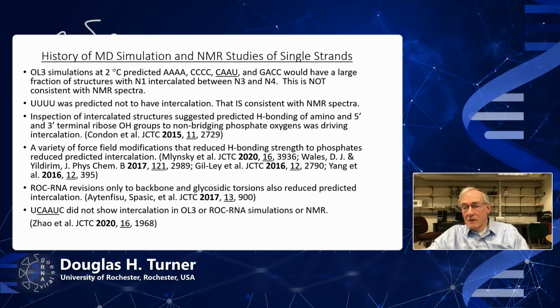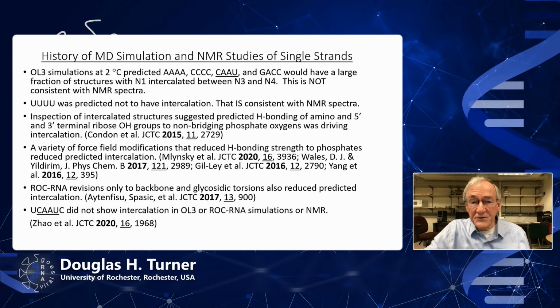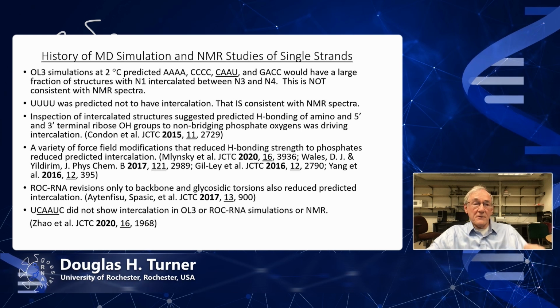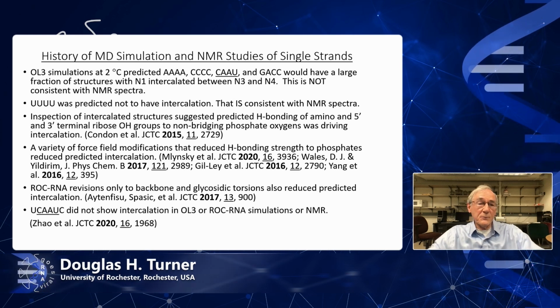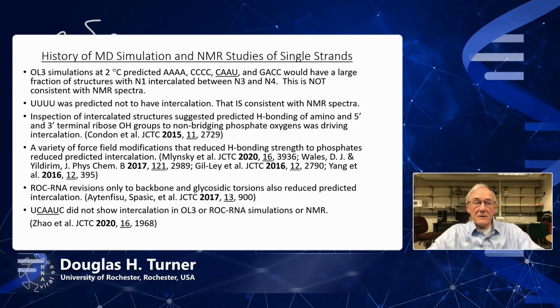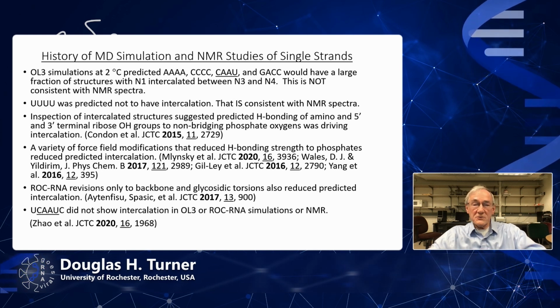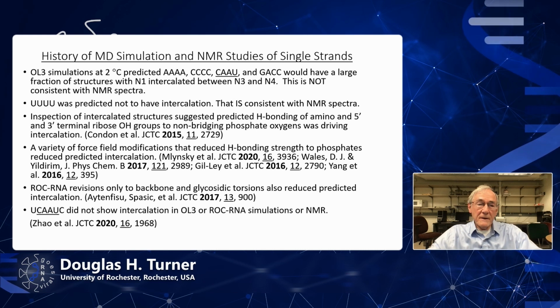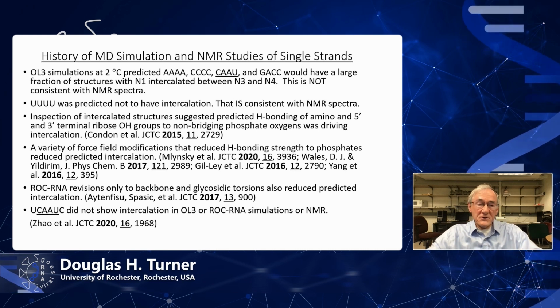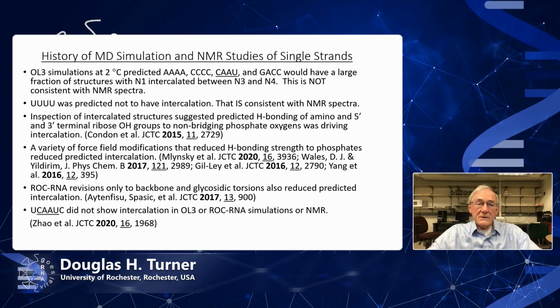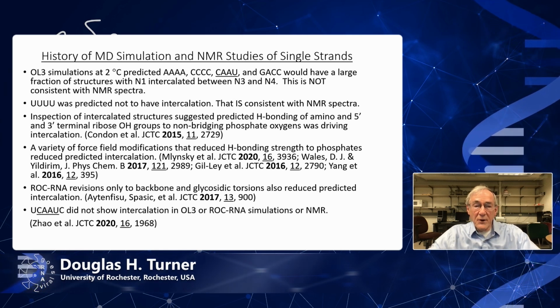So a variety of force field developers tried to fix that. So several of them shown in the fourth bullet point down here basically reduce the hydrogen bonding strength of those kinds of hydrogen bonds. One of the force fields I'll talk about today, rock RNA, did not try to change any hydrogen bonding.